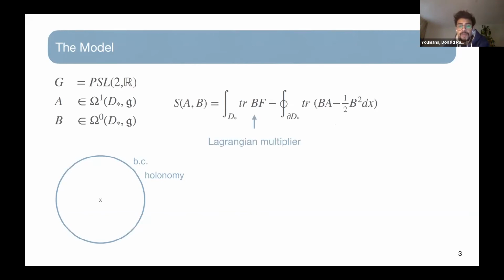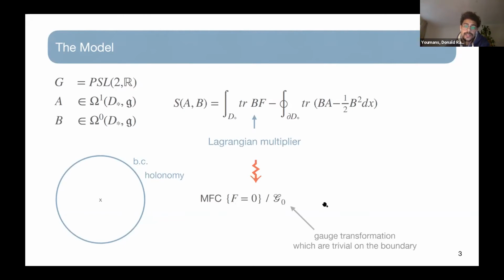As I said before, this B plays the role of a Lagrangian multiplier, which basically localizes everything over the moduli space of flat connections. Then of course we have to quotient by the gauge group. But the gauge group in this case is just all gauge transformations which are trivial on the boundary.